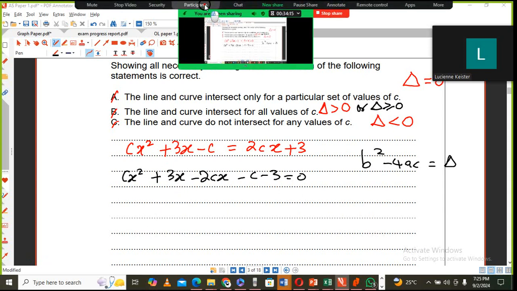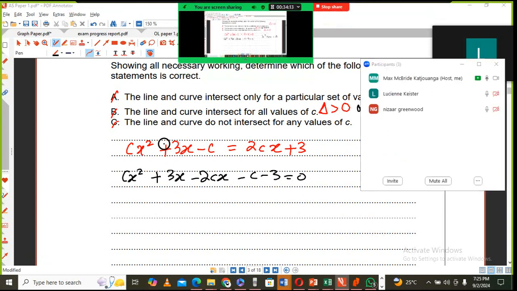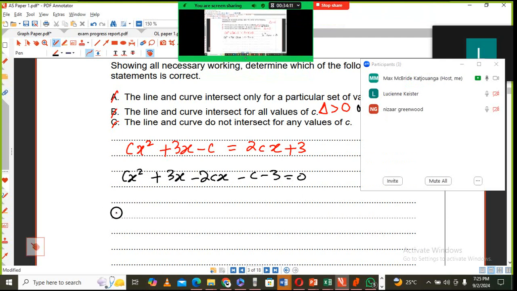Yes, sir. Okay, so now remember you take your coefficient, there's nothing here, this is just cx squared. But here you have 3 minus 2c, and then the x is outside. If I can leave this one as it is, no? Yes, sir. Okay. So I'm saying equals to 0, but it's supposed to be equal to the discriminant.